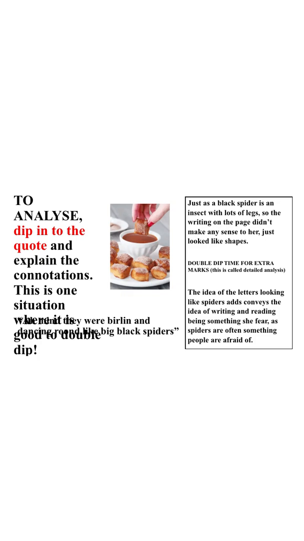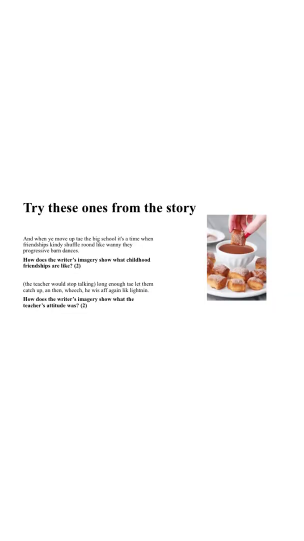And I think one or two people did actually do this yesterday in their answers. Also, the idea of the letters looking like spiders conveys the idea of writing and reading being something that she fears, as spiders are often something that people are afraid of. Double dip. You've explained the simile in detail, in depth.